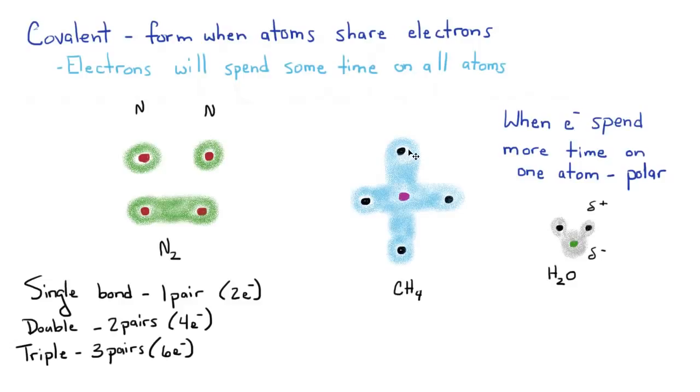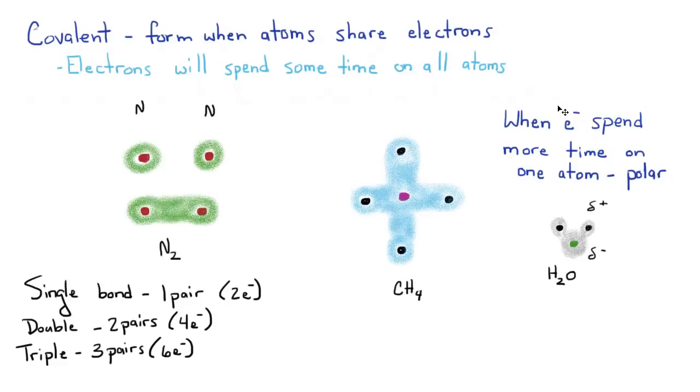Shared electrons are called an electron pair. You have a single bond when 1 pair of electrons are shared, a double bond when 2 pairs of electrons are shared, and a triple bond when 3 pairs of electrons are shared. Single bonds share 2 electrons, double bonds share 4 electrons, triple bonds share 6 electrons.